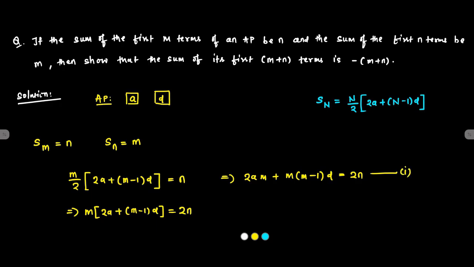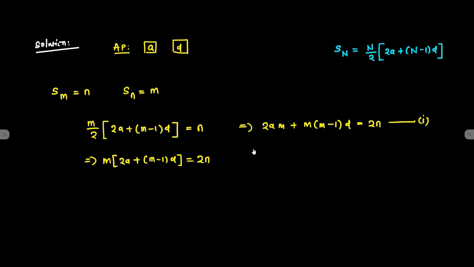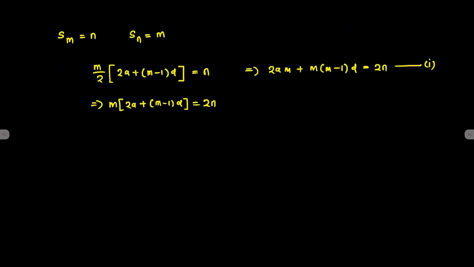Then we use the next one, that is Sn is equal to m. Okay, this is Sm is equal to n, this is Sn is equal to m. So that implies n by 2 into 2a plus n minus 1 into d is equal to m.